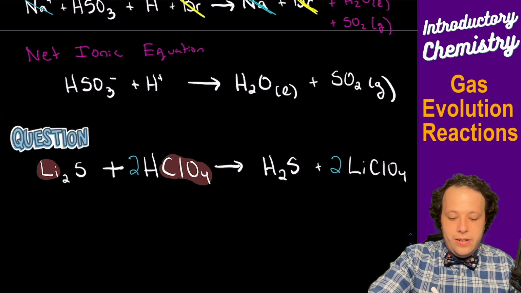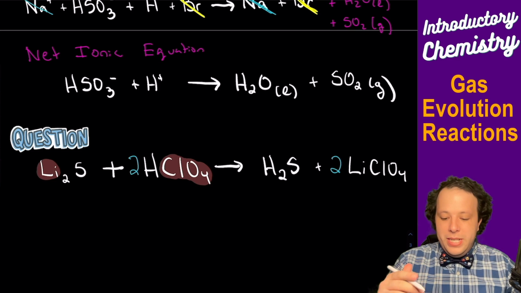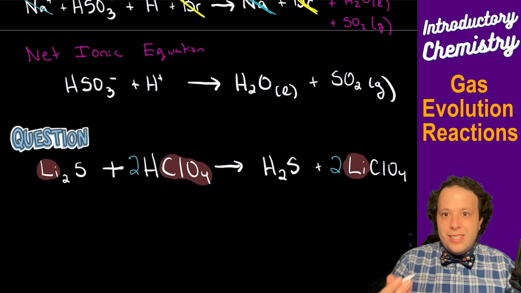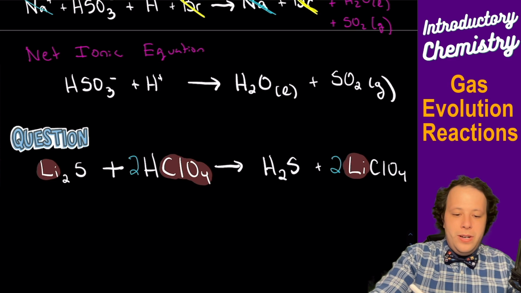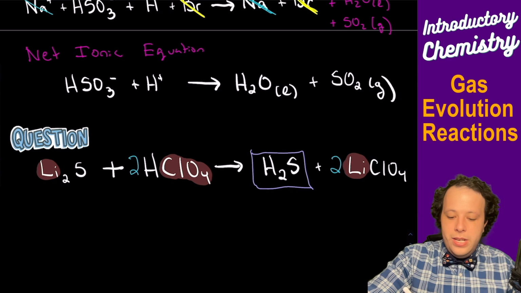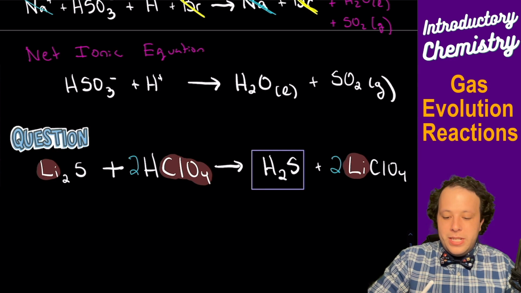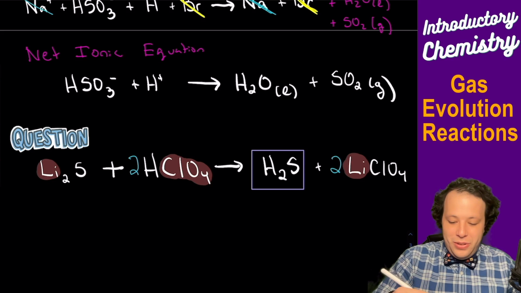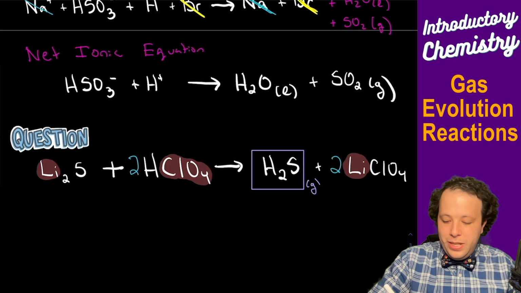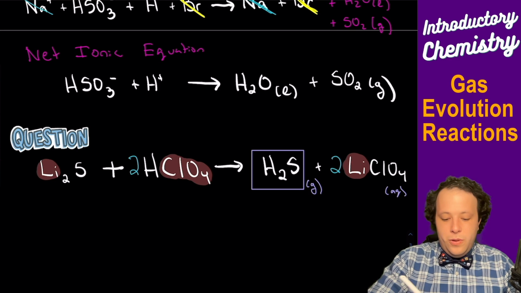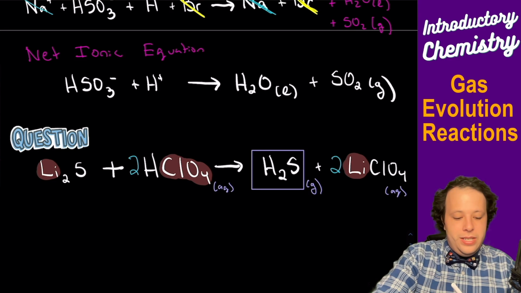Now we have another alkali metal, so that is soluble too. Now what about H2S? H2S was our 4th gas that if it ever forms in a product, this would be a gas. So in this particular reaction, we can label it with a G, telling us all of these other ones are aqueous.